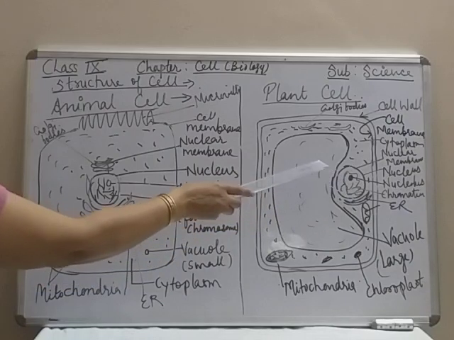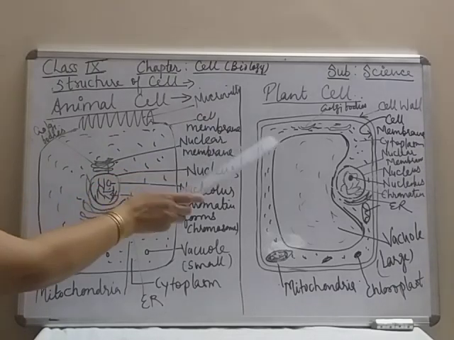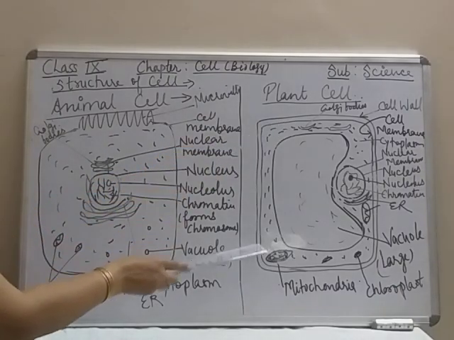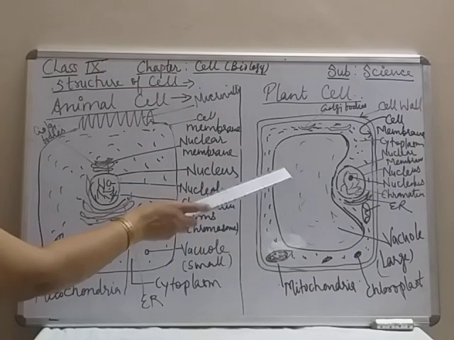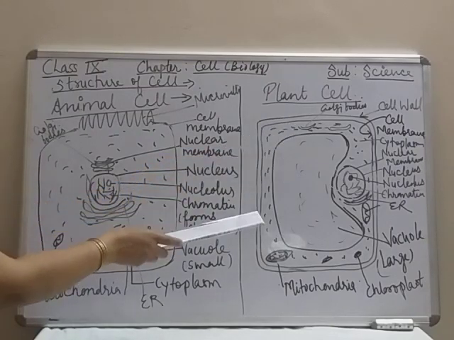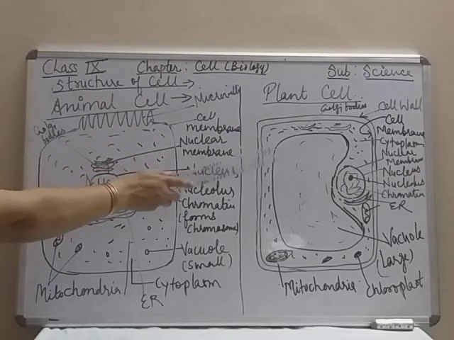Last point, animal cells can change form and they move about. But in case of plant cell, there is a rigid cell wall made up of cellulose. Rigid cell wall does not allow change in shape and position of plant cell. So these are the basic differences between animal cell and plant cell.